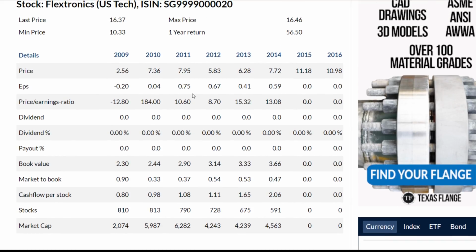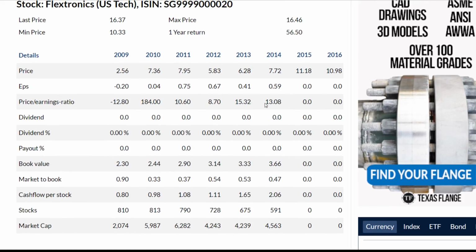In 2013, price earnings ratio equal to 15, so the market valued the stock at 15 times the 2013's earnings per share. We see that in 2014, price earnings ratio decreased to 13.